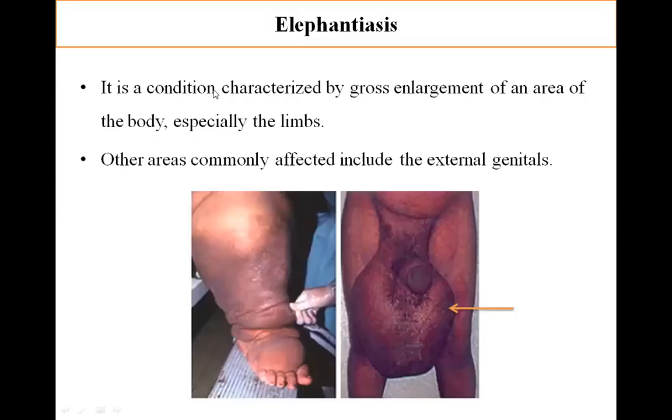Elephantiasis. It is a condition characterized by a gross enlargement of an area of the body, especially the limbs. Other areas commonly affected include the external genitalia. So here you can see the picture of the elephantiasis, and sometimes the external genital swelling is there.